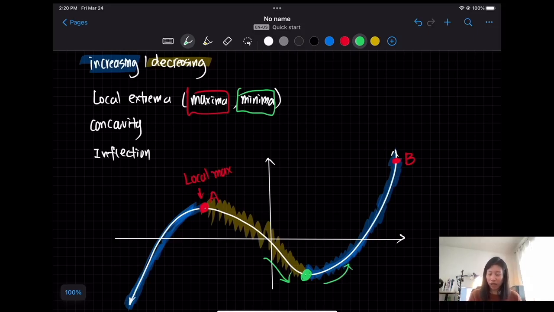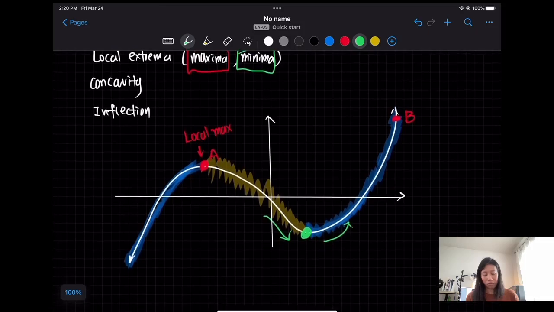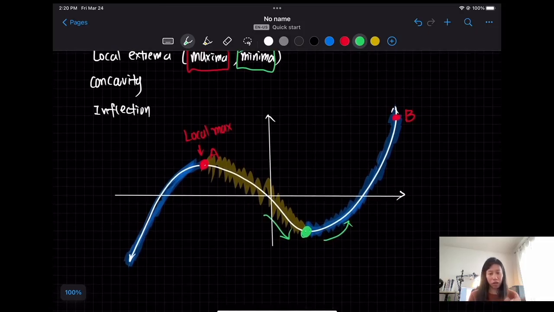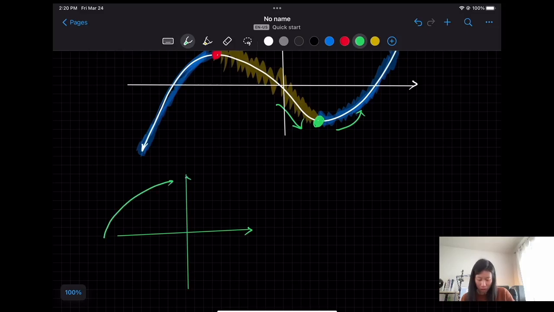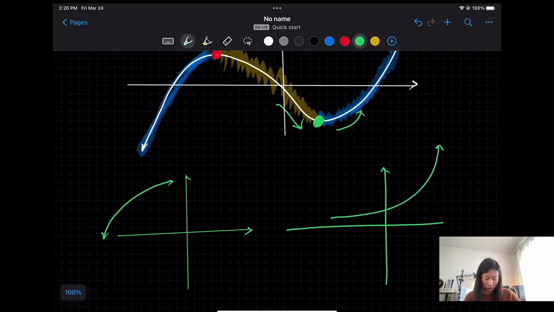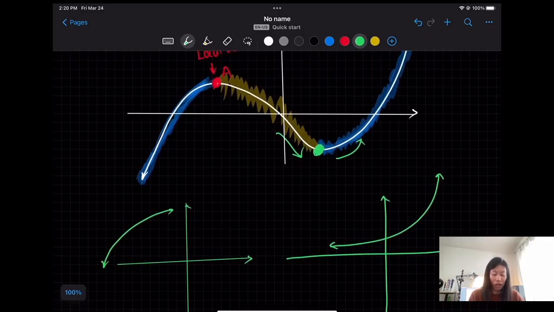Now, concavity: concave up and concave down. Look at this graph. We have two sections that are increasing. One looks like this, and the other part is more like this. Both are increasing, but the rate of increase is different.